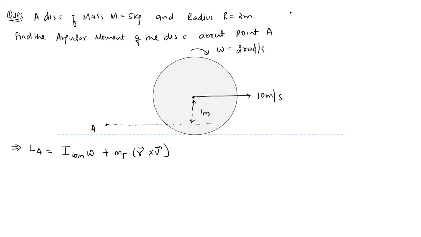Can I get the answer for this? 70. Inside the plane, outside the plane? Inside. Okay, so you are also getting 70. What is the SI unit of the angular momentum?